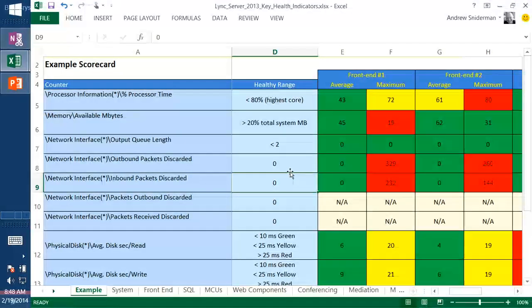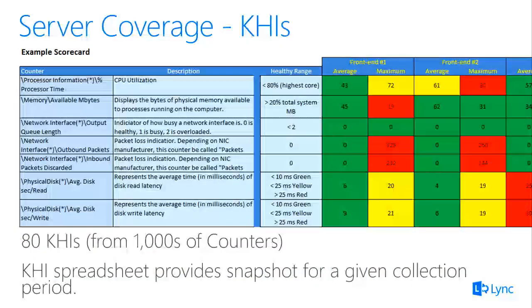But when we looked at the KHIs, like 3 of the 4 or 5 front ends had this really high packet drop rate on both send and receive. So there's a problem with a NIC driver, problem with a card, problem with a switch port. I don't know what it ended up being. But it turned out the servers themselves, in this case, were the source of loss, not network or other. Anyway, so this spreadsheet is available as a resource for you guys to help do this. And we continue to work on building this more natively into the product.